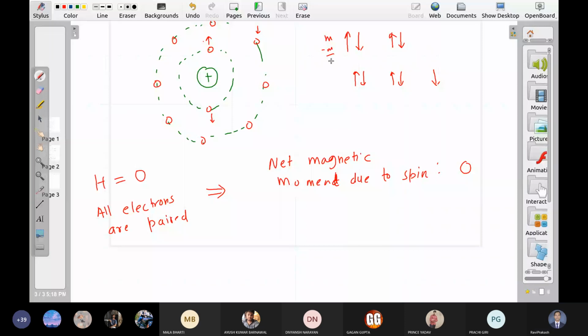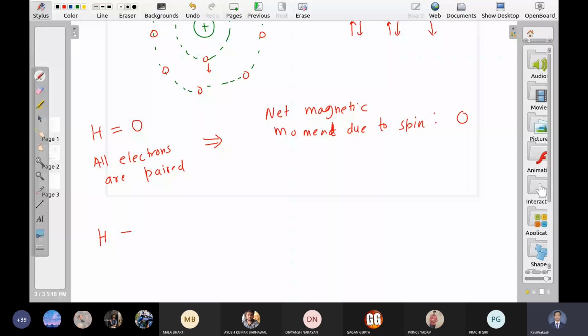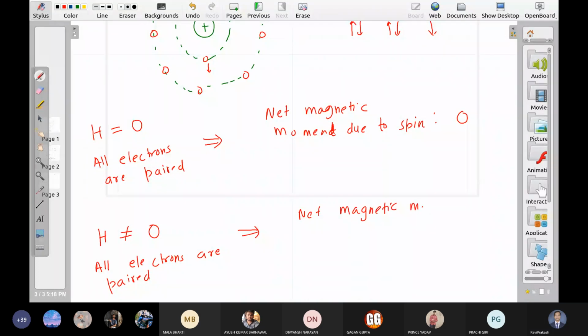Okay. And if we apply some magnetic field in this case, all electrons are paired. What is the net magnetic moment now? Will there be any net magnetic moment? Net magnetic moment due to spin of electrons.